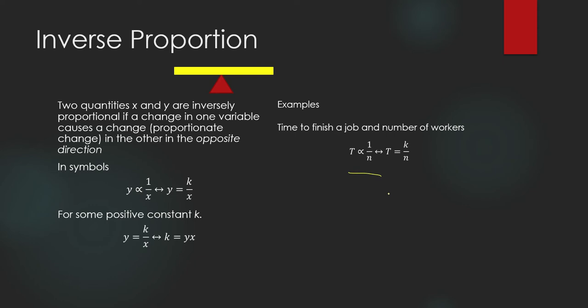T is directly proportional to 1 over n. Another way of reading it is: T is inversely proportional to n. It is equivalent to saying that T, the time to finish a job, is equal to k over n, where n is the number of workers and k is your constant of inverse proportion.